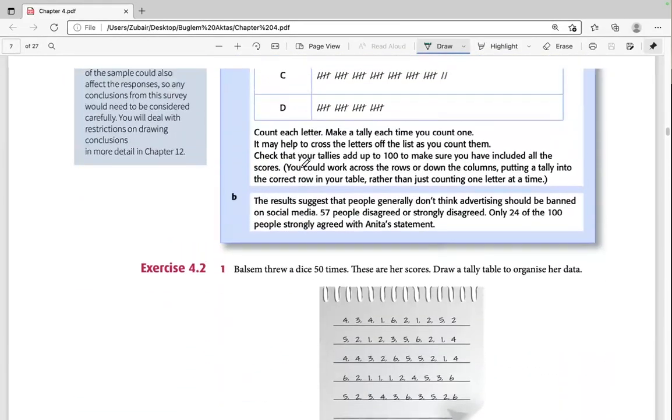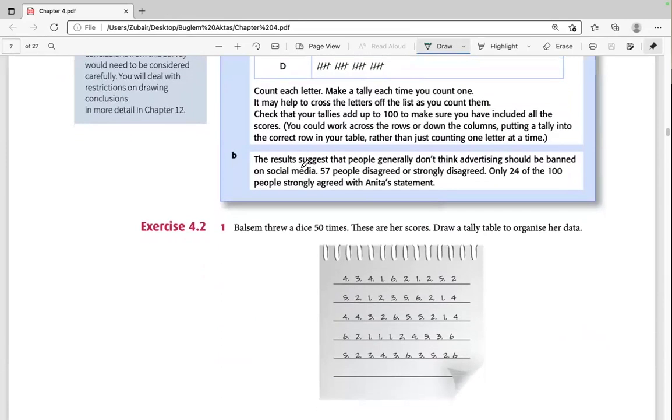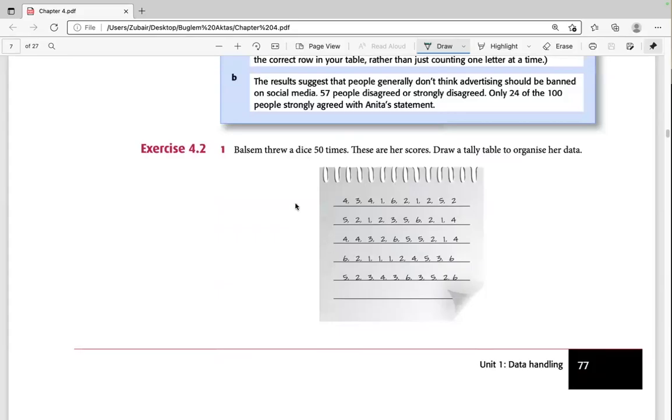Different example. Okay, we just discussed such a question. Let's do this. Balsam threw a dice 50 times. These are her scores. Draw a tally table to organize her data. So these are 50 different outputs.